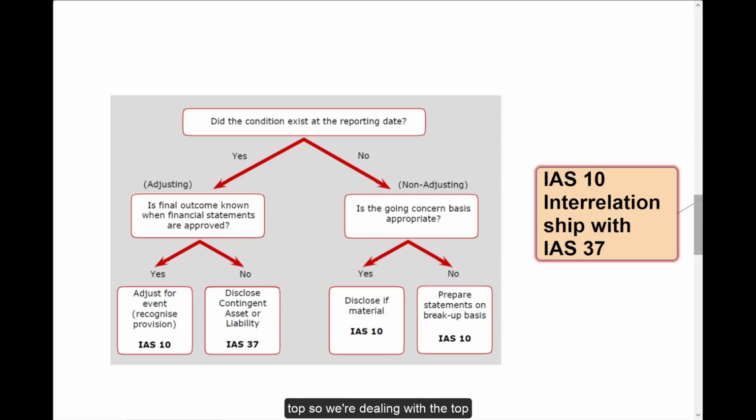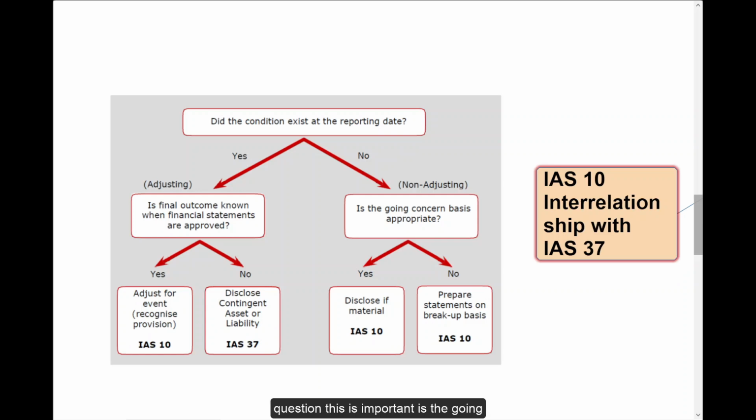Let's go back up to the top. We're dealing with the top question. We've gone down the left-hand side, or the yes route, i.e. adjusting. Let's go down the right-hand side. Did the condition exist at the reporting date? No, it did not. Therefore, it is a non-adjusting event. Let's consider this next question.